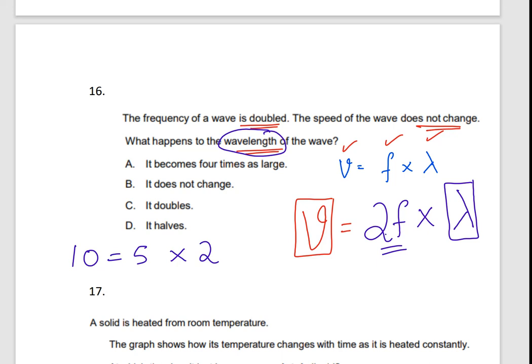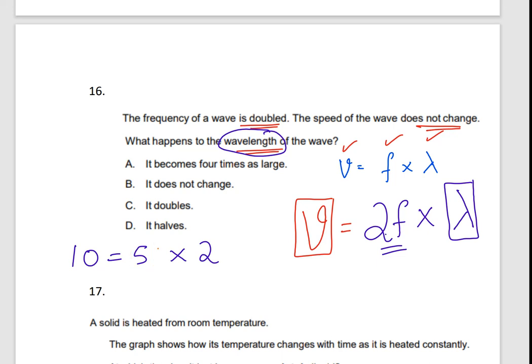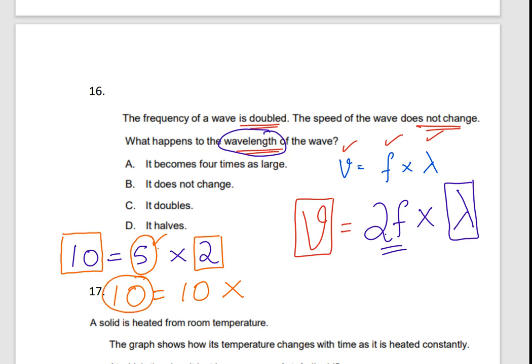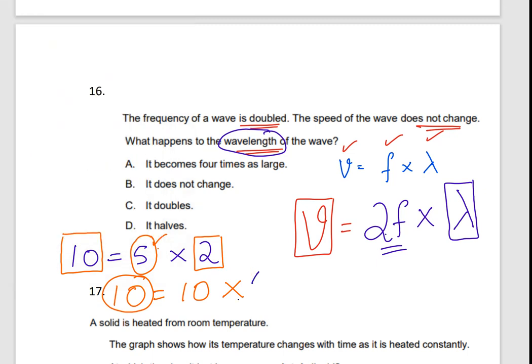Now what they're saying is this 5 is doubled, but 10 should remain the same. So 5 doubled, 5 times 2, would be 10. Times what, in order to get the same answer 10? You turn that 2 into half of it, which is 1. So 10 times 1 is 10. 5 times 2 is also 10.